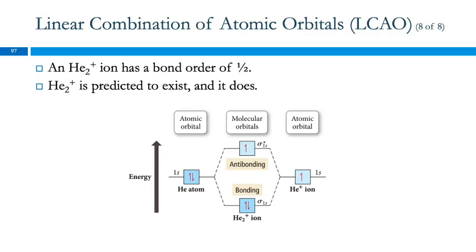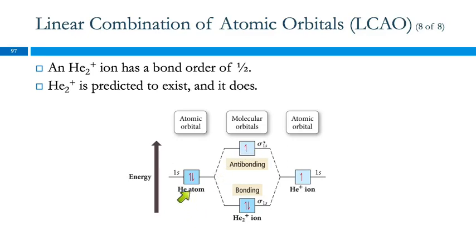Let's look at He2+. We're going to look at some weird ions and molecules here. So He2 plus would be two helium atoms, and the positive charge means we're missing an electron, right? So again, each of these atoms only has electrons in a 1s orbital, so we look at the combination of those, a bonding orbital and an anti-bonding orbital.